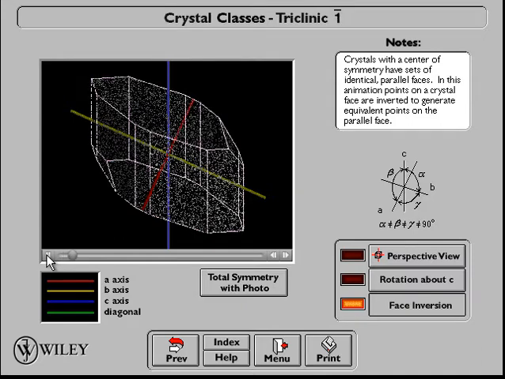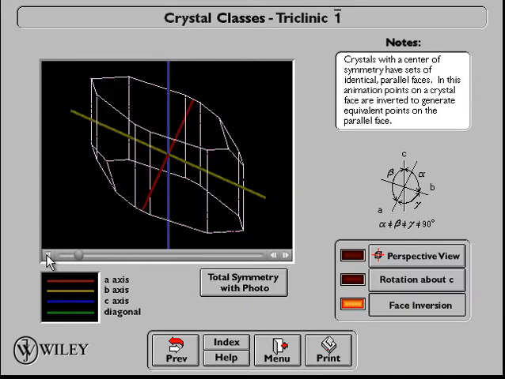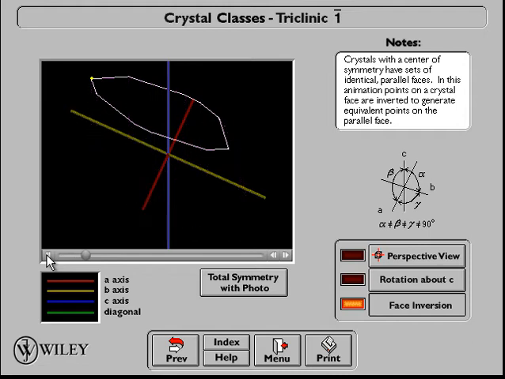Now we are making again our face inversion. Yeah, we are just going through the point of symmetry or the center of symmetry, and then we are making an inversion from this face to the other side.